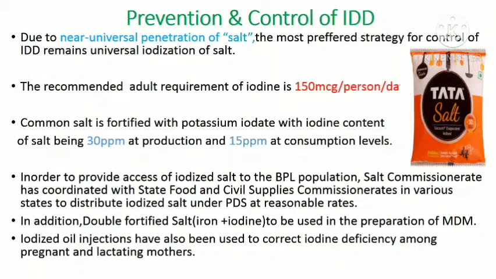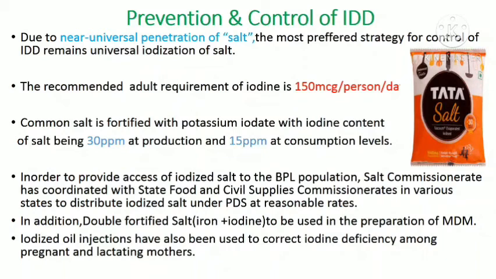Before wrapping this session, we must know about the prevention and control of iodine deficiency disorders at the national level. Due to near universal penetration of salt, the most preferred strategy for control of iodine deficiency disorder remains universal iodization of salt.